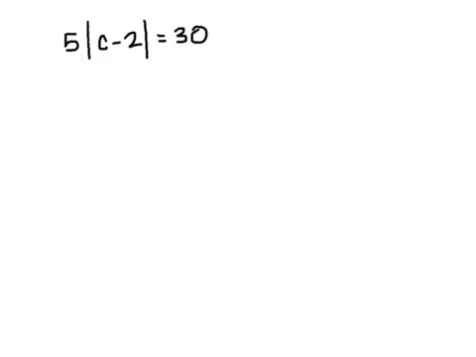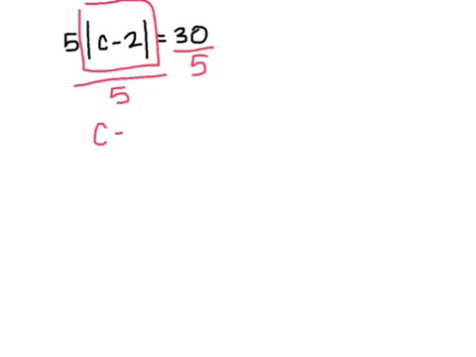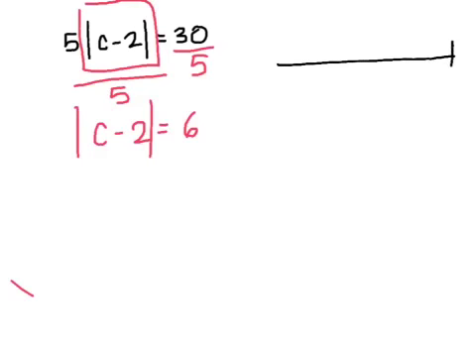Okay, so 5 times the absolute value of c minus 2 equals 30. Let us isolate our absolute value by dividing both sides by 5. And I will get the absolute value of c minus 2 is equal to 6. And this says to me that the distance between c and 2 on my number line is 6.